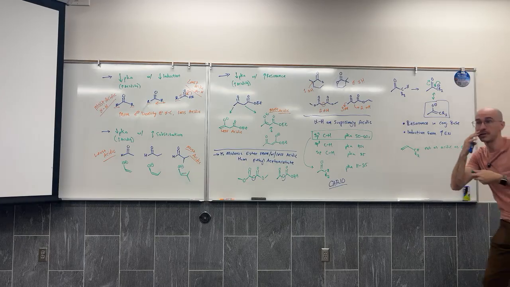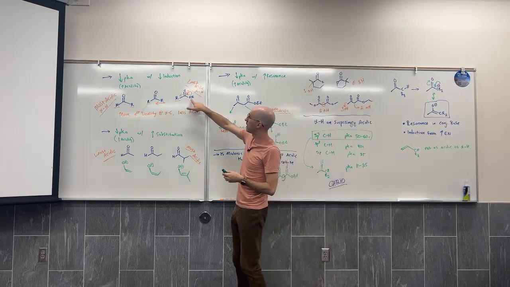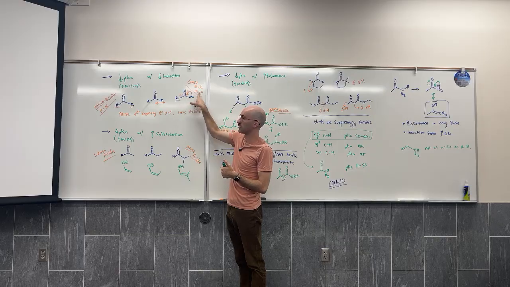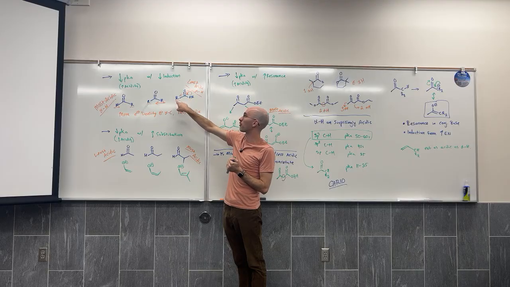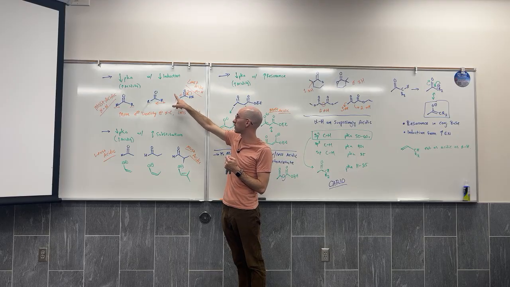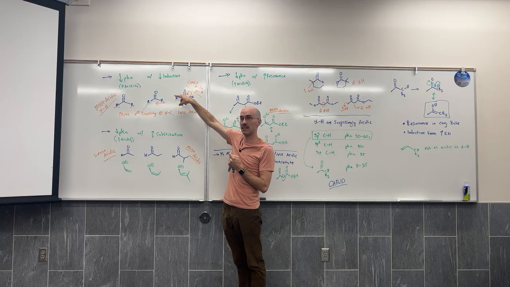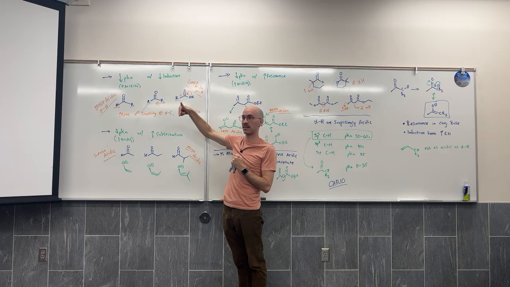Another way you could think about this: because this oxygen is already in resonance all the time, just because it can, it's harder for this carbon to butt in and also engage in resonance. If it's harder for this carbon to engage in resonance, that means it holding a negative charge is going to be more basic.